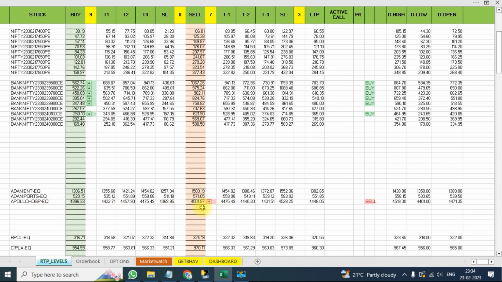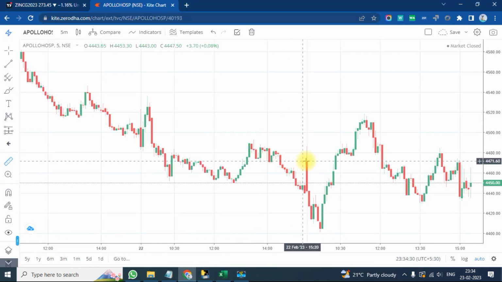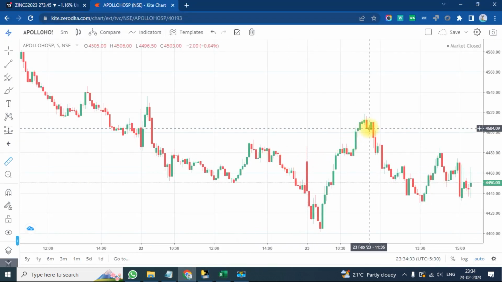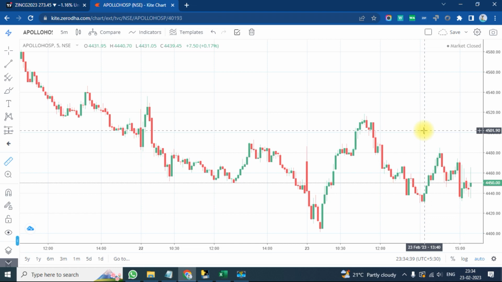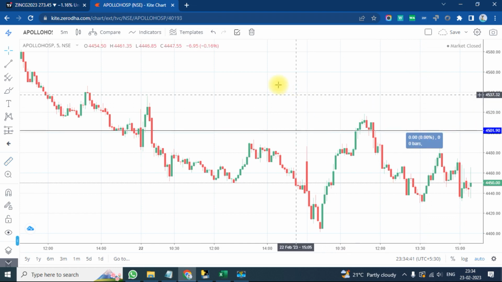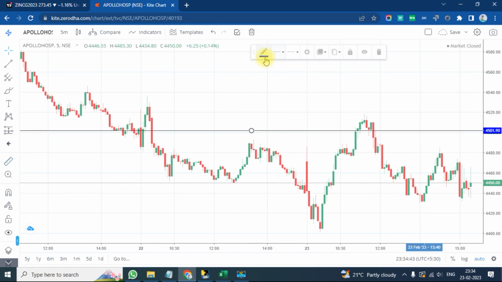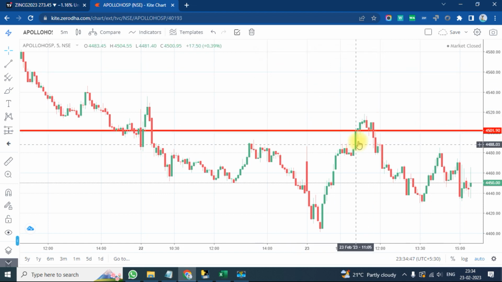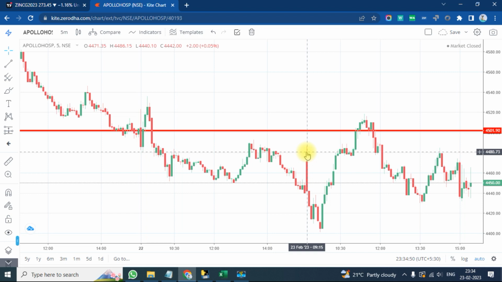The Apollo Hospital sell was at 4,501.85 paisa, somewhere around this point. So this was a selling point. Let me mark it in red color. This was a selling point, and the market opened here.